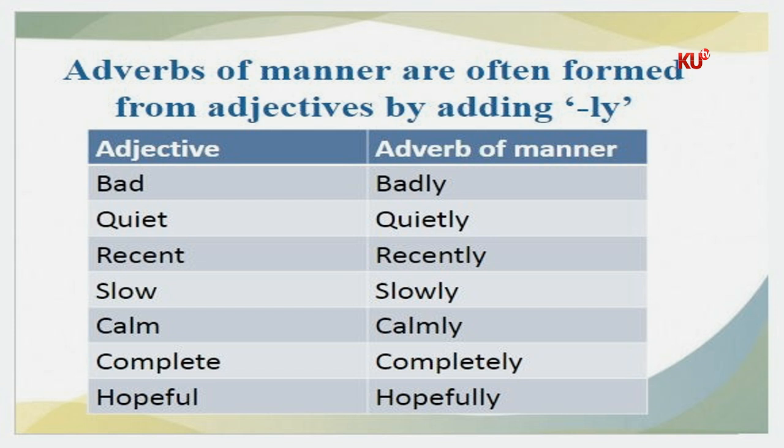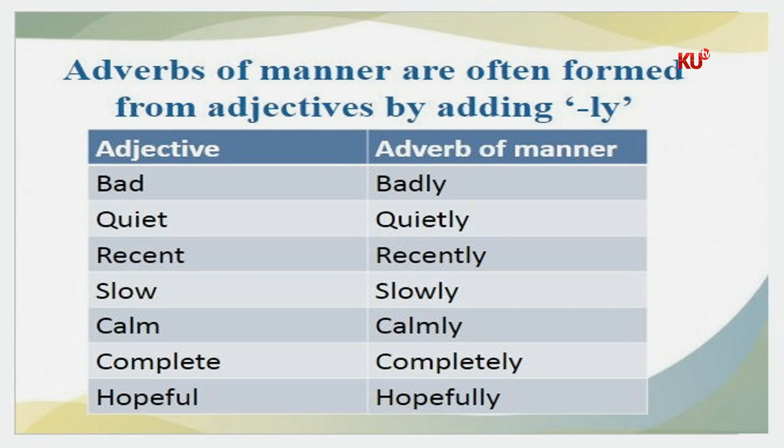The second one is quiet. When we add an ly, it becomes quietly to show how something was done. The third adjective is recent. When we add our ly, it becomes recently.